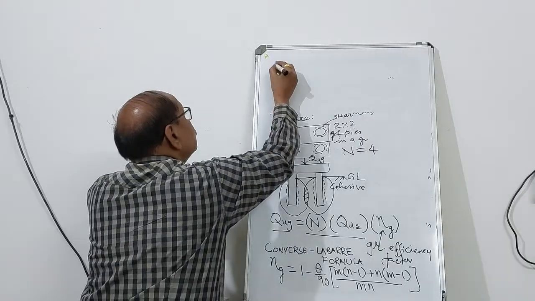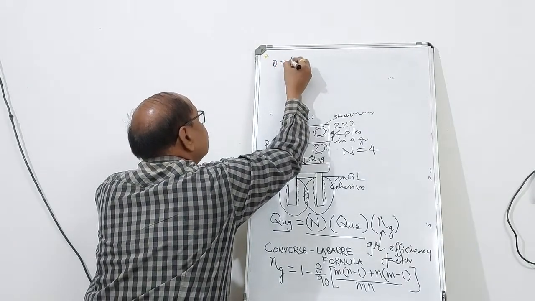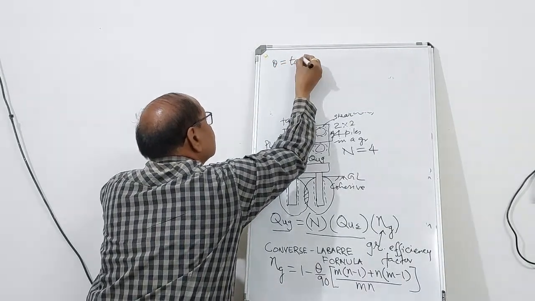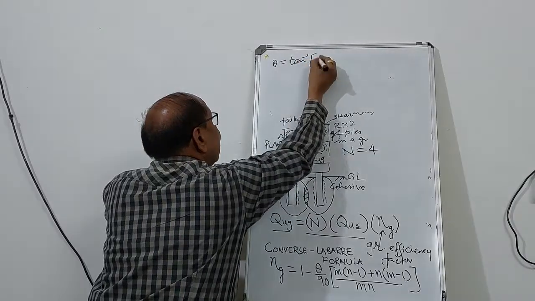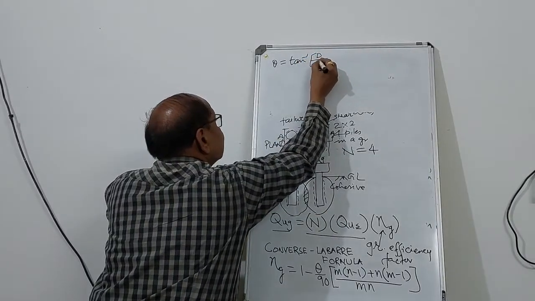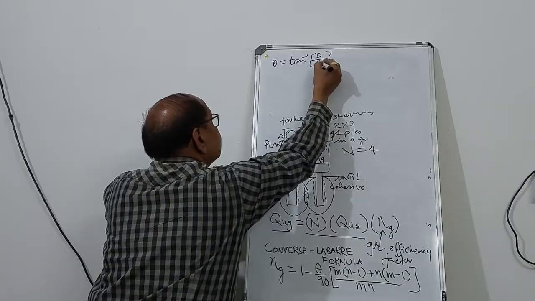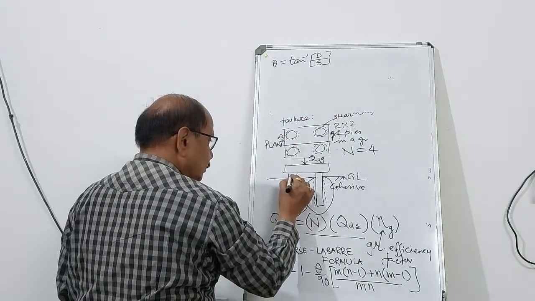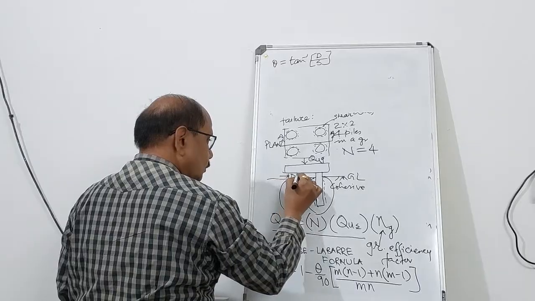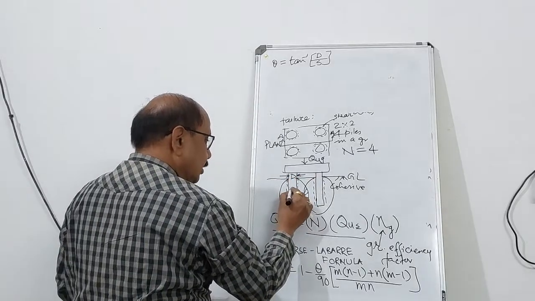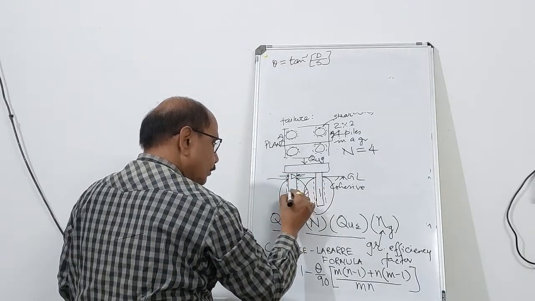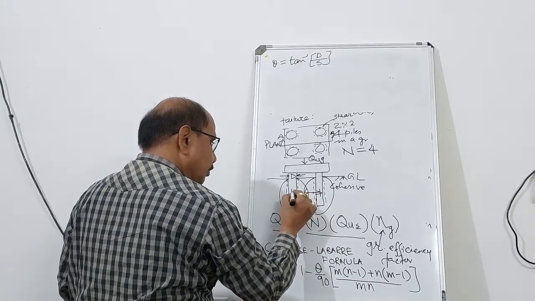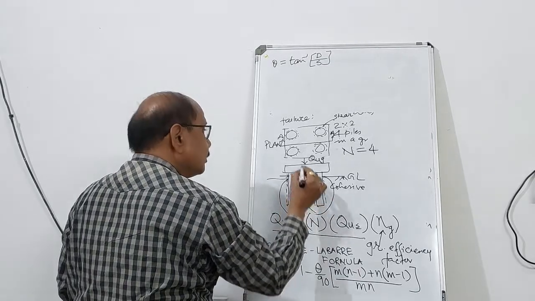theta equal to tan inverse of the diameter of the pile upon center to center spacing. So diameter of the pile D and center to center spacing between two consecutive piles.